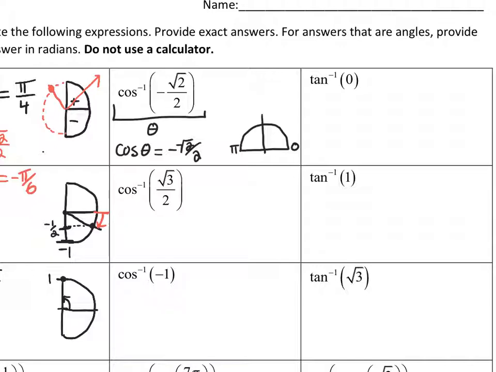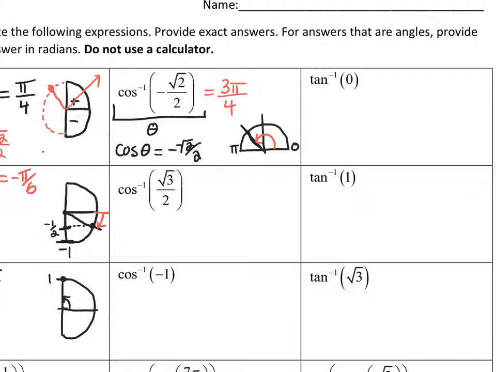So negative root 2 over 2 automatically narrows me down to being in the second quadrant. And when I see a root 2 over 2, I know that that's one of my angles that is 45 degrees off of the x-axis. But the angle isn't itself 45 degrees. The angle, all the way from 0, is 3 pi over 4, or 135 degrees.